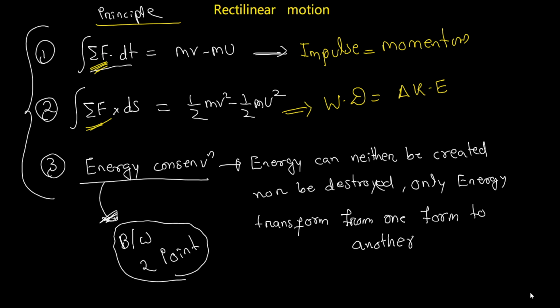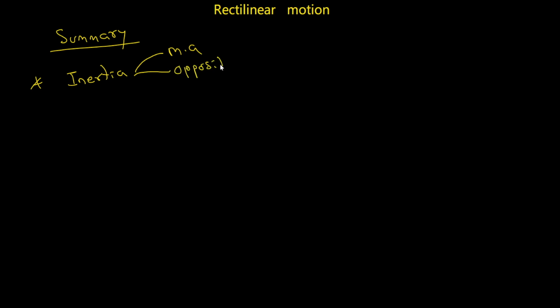So I'm summarizing whatever we have discussed up to this. The summary of this video. First we talk about inertia force, having a magnitude mass into acceleration, opposite to acceleration. It will be applied at the center of gravity.